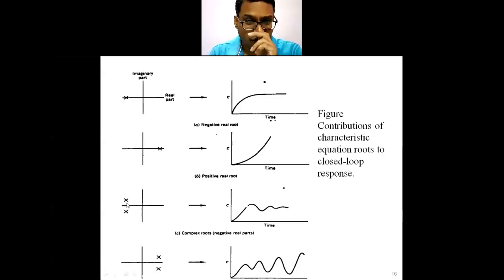If the roots lie in the second and third quadrant, then the system may show oscillatory behavior. That is, if they are complex roots with a negative real part, you can get sinusoidal behavior instead of a response without oscillations.